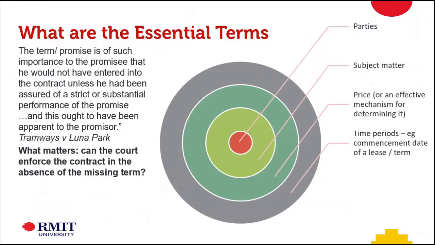Essential terms, there isn't a one-size-fits-all, but generally who the parties are is almost always an essential term. Very occasionally in a unilateral contract, or perhaps in a deed where somebody is making a bequest or a gift of some sort, there might be a class of potential beneficiaries, not necessarily, you might not know who all of them are.